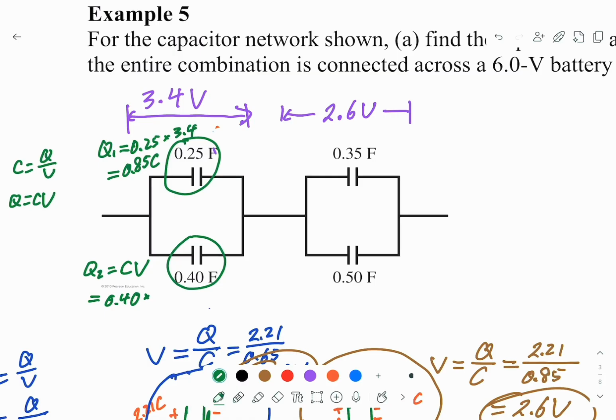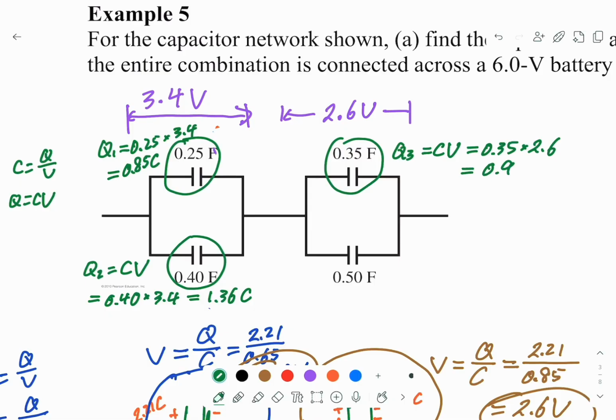The V is 3.4, the same voltage. So this one is 1.36 coulomb. Q3 is CV again. The C is 0.35 and the V is 2.6. This is 0.91 coulomb.